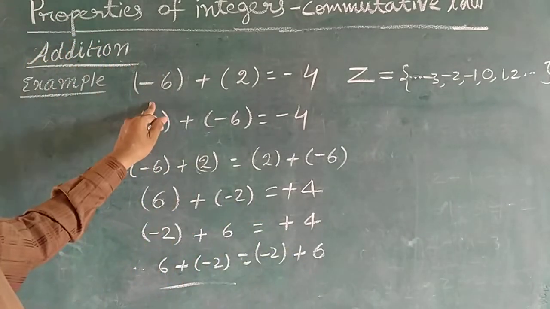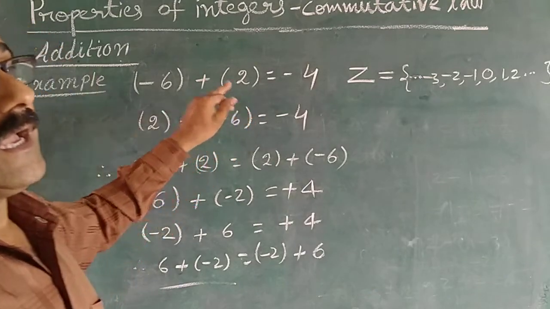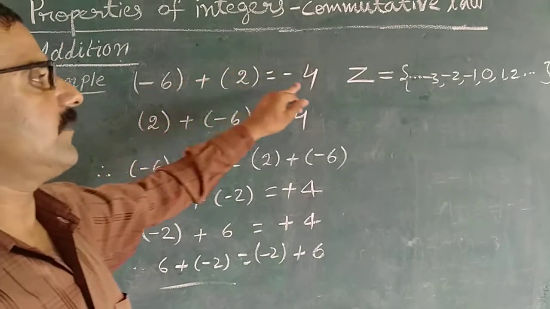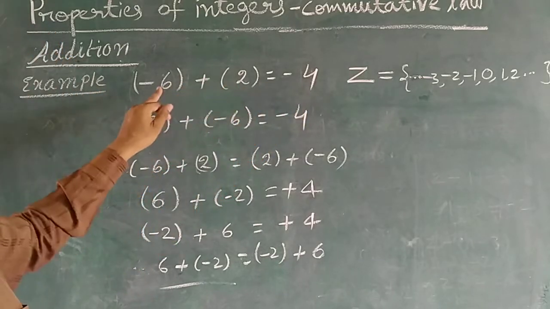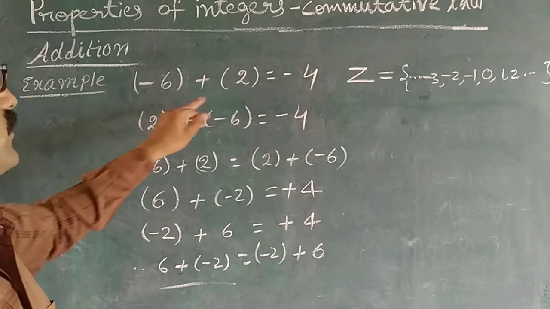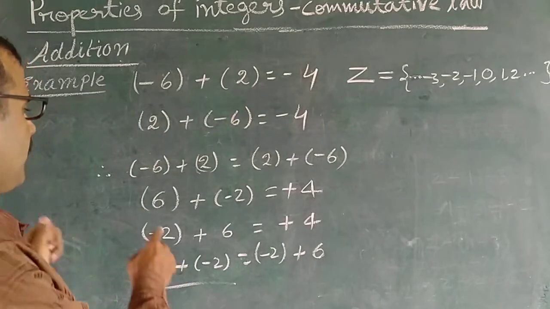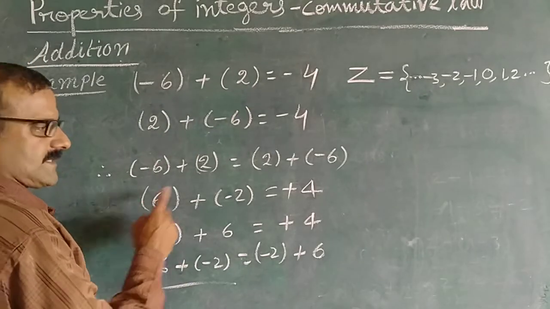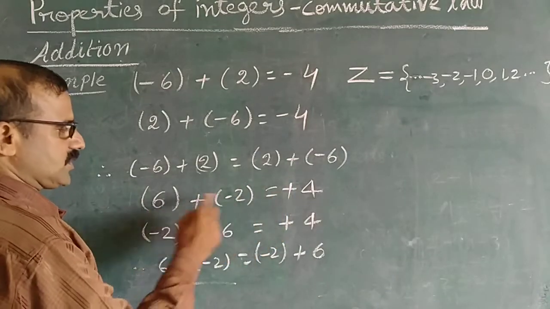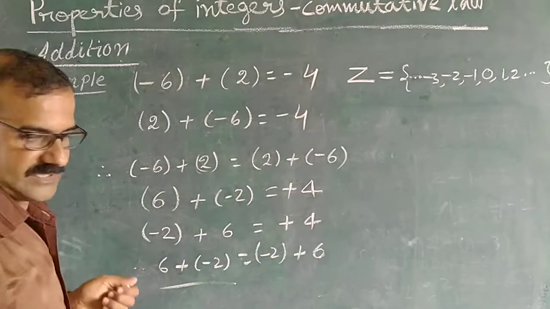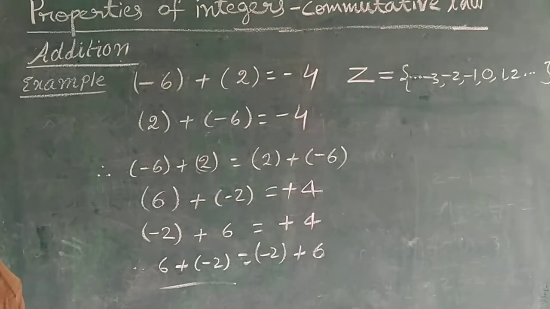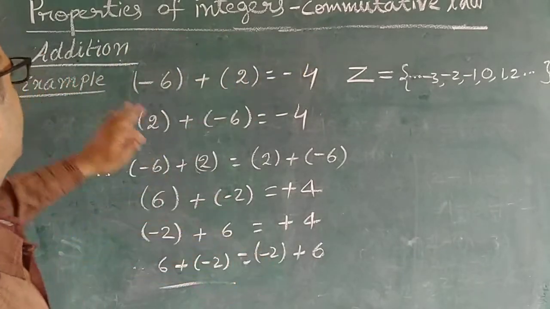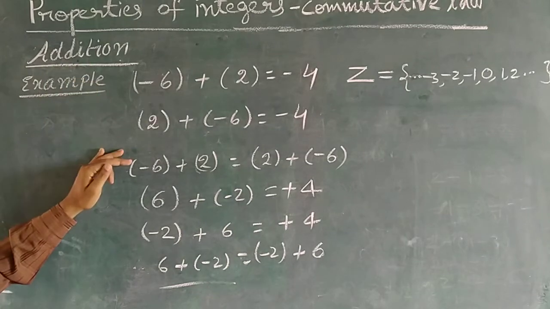If one is positive and one is negative, the result takes the sign of the bigger number, after you subtract. So commutative law with respect to addition is satisfied for integers.